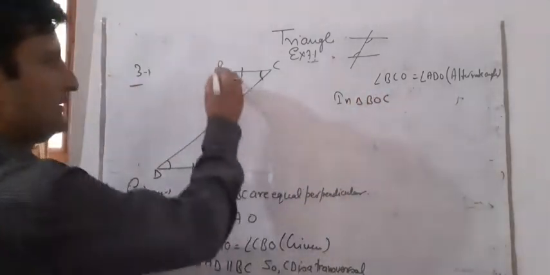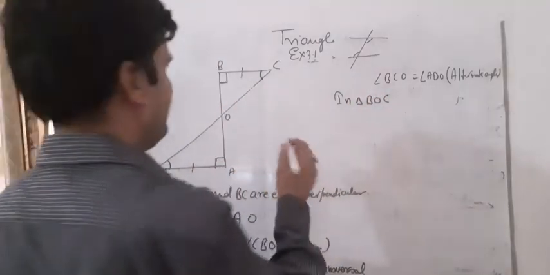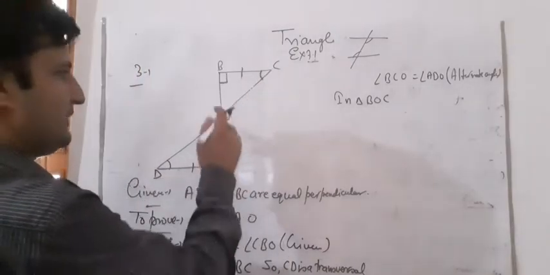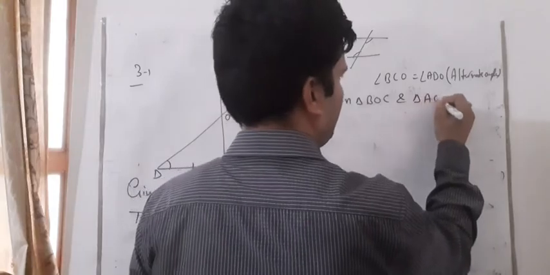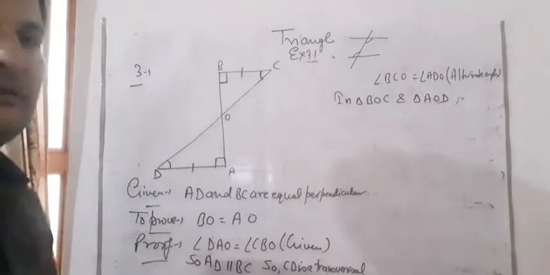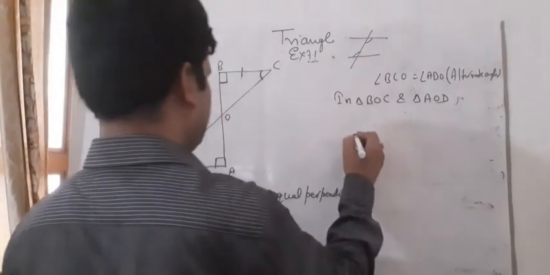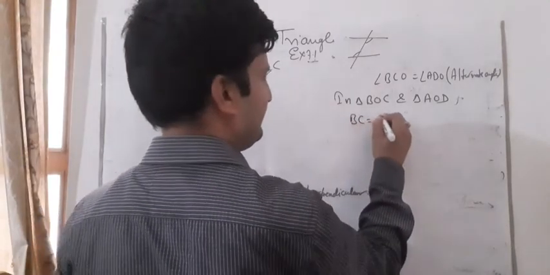So students, now we will take these two triangles, triangle BOC and triangle AOD. Students, BC is equal to AD, it is given already.